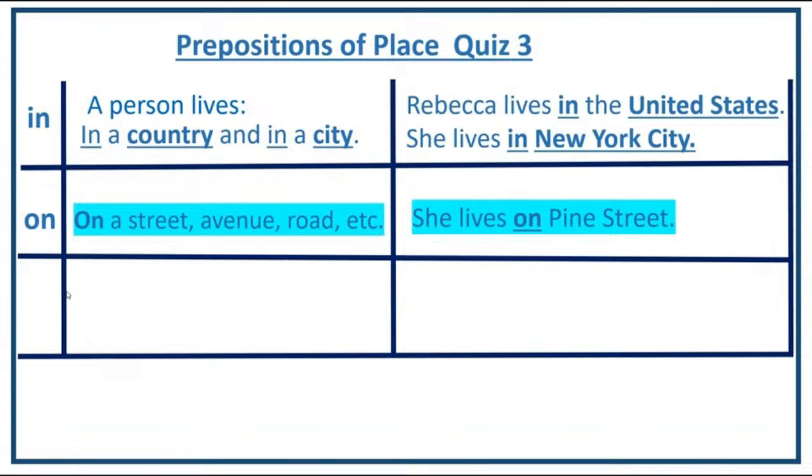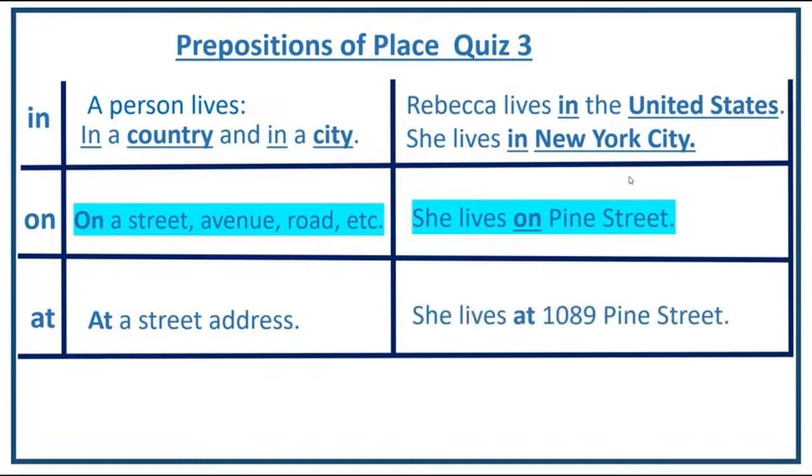And next we have the preposition of place at. The preposition of place at is used when talking about a street address. Example, she lives at 1089 Pine Street. But without this number, we use on.